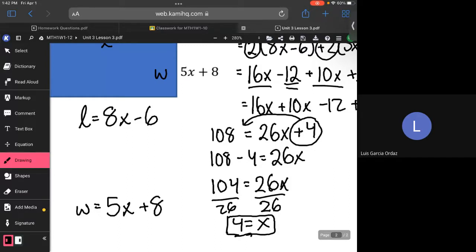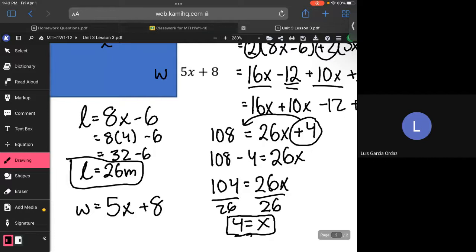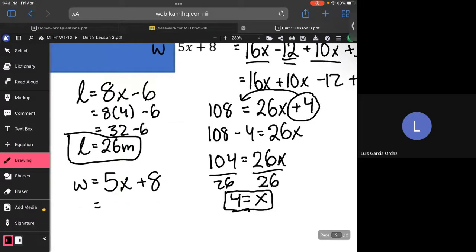So I get length is equal to 8 times 4 minus 6. 8 times 4 is 32 minus 6. So what is my length? 26 meters. Now my width is the same thing. Plug in 4 for x. So I get 5 times 4 plus 8, which is 20 plus 8.